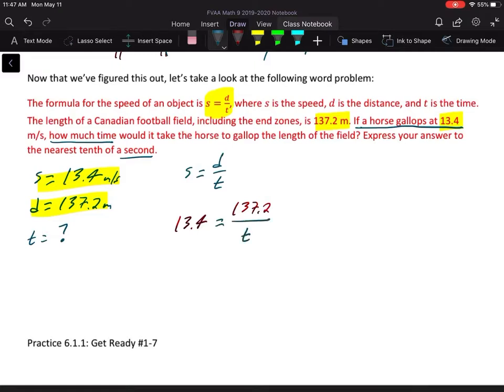That's what I need to solve for. Now my variable is in the denominator, so the first step is to multiply both sides by T in order to get that variable out of the denominator. So here I get 13.4 T is equal to 137.2.